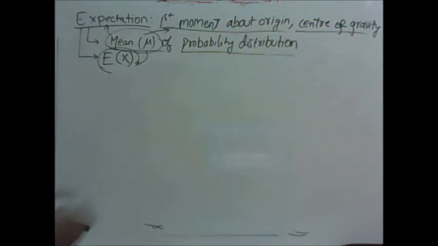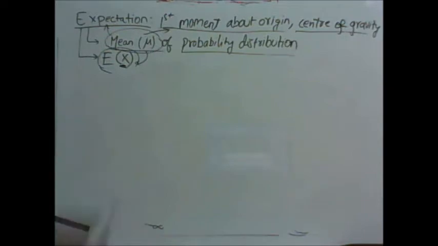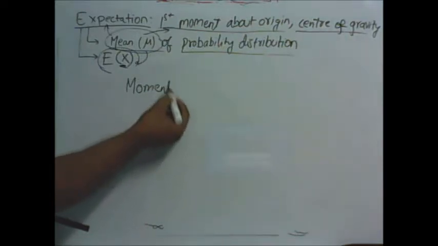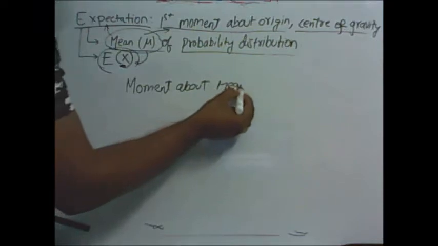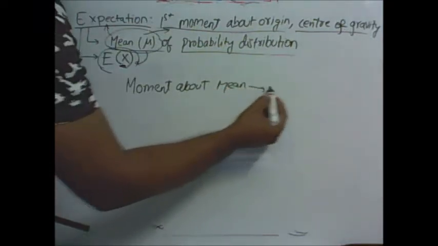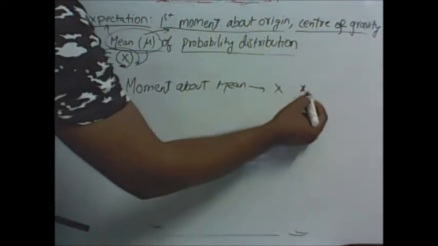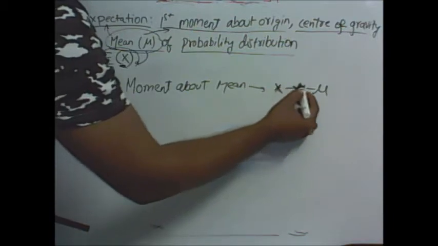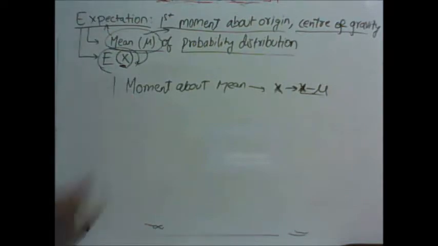Till now, we have discussed moments about the origin. If he is asking about moments about the mean, then instead of x we will write x minus mu. Wherever we are writing x, instead of x we will write x minus mu. That is the first moment.